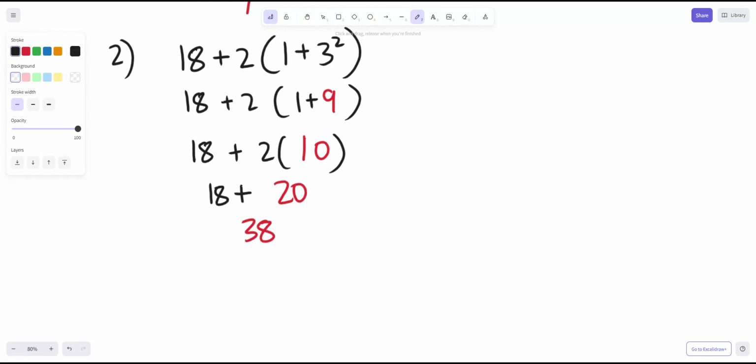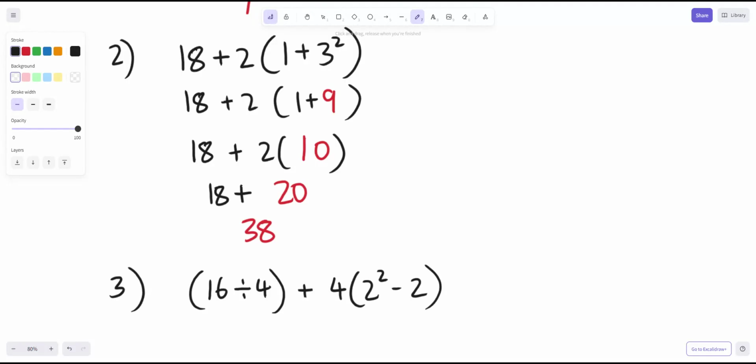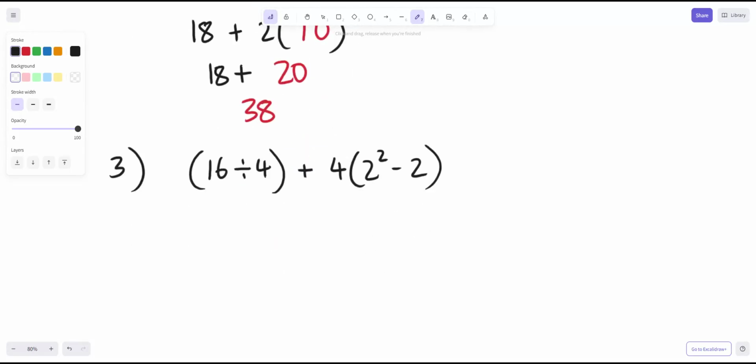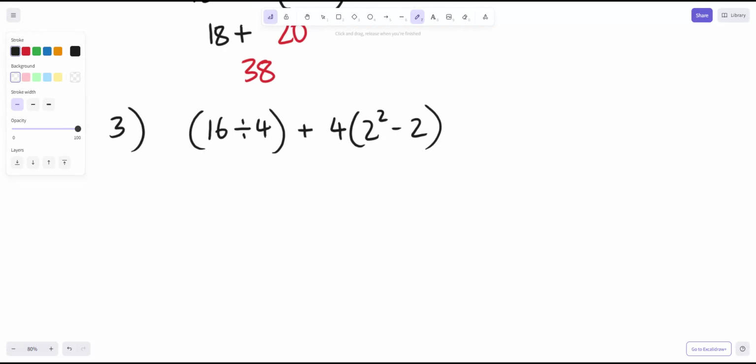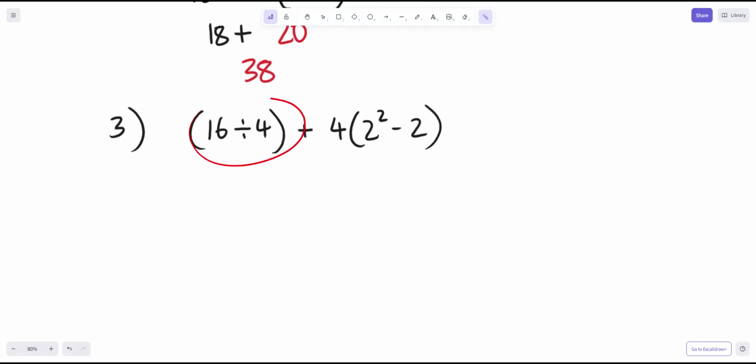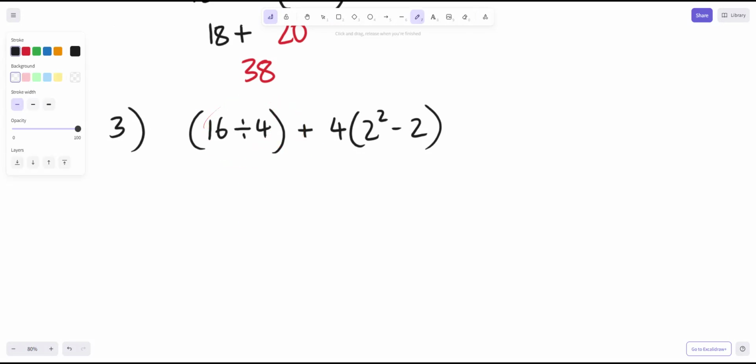Okay, number 3. Parentheses 16 divided by 4, and then plus 4 parentheses 2 squared minus 2. Okay, we have a lot of stuff. So in the left parentheses, there's only one thing to do, so I'm going to do that. So that's going to be 4.